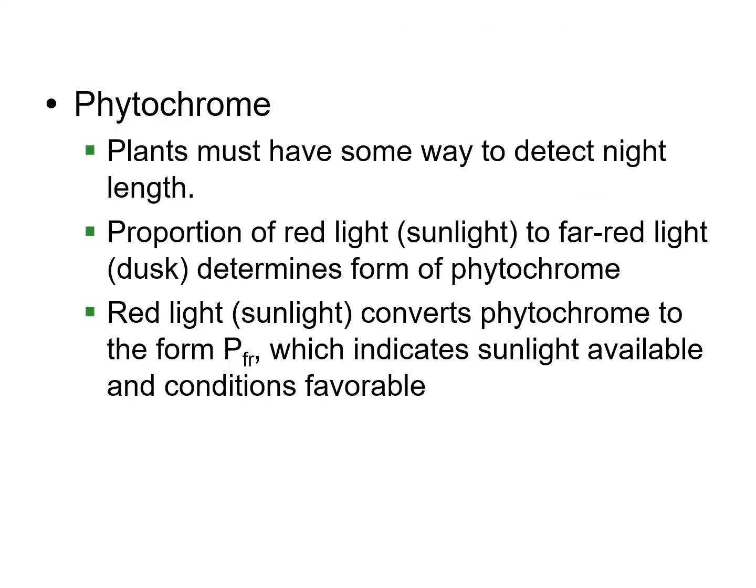Now, how plants are able to detect light is this thing called phytochrome. Okay, phytochrome allows plants to be able to detect the color red. That red light tells them how much light there is and when it's happening. So that's not part of photosynthesis. I don't want you to think that phytochrome is photosynthesizing.